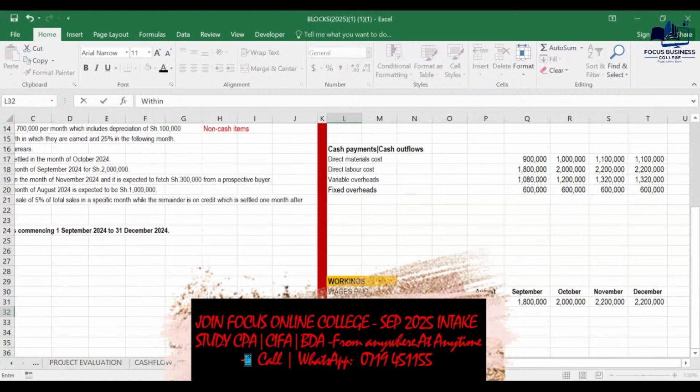The amount which is paid within that month is 75%. And then the remaining 25% will be paid in the following month. So we compute the wages which are paid after one month, and these are wages equivalent to 25%.